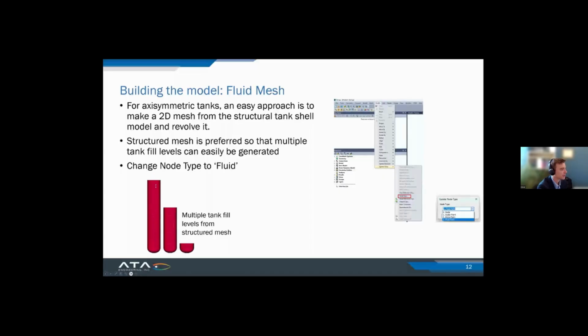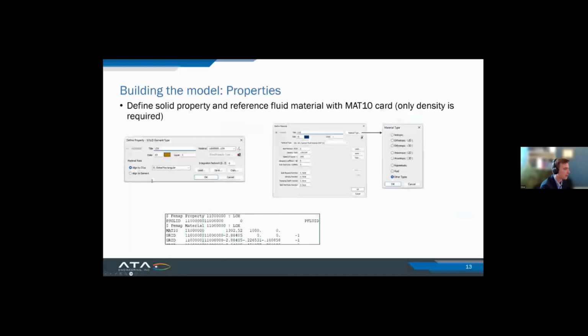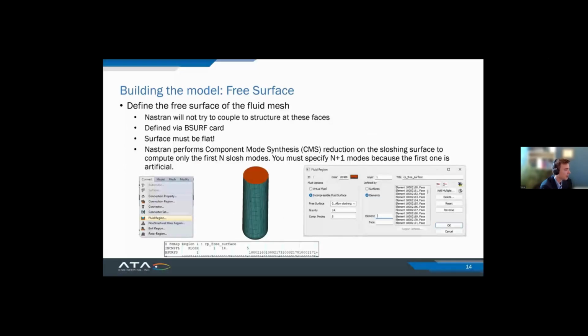Each of the tank fill levels has an associated free surface, and that free surface has an associated acceleration value, and that's usually provided from some trajectory file. That's my workflow.